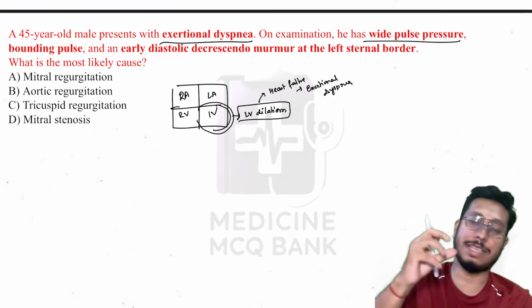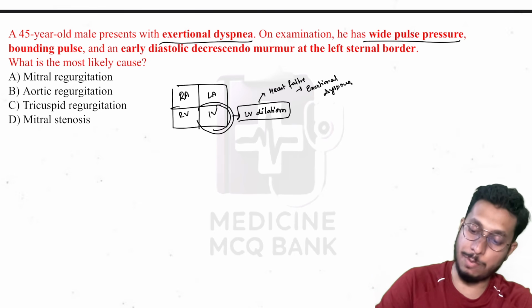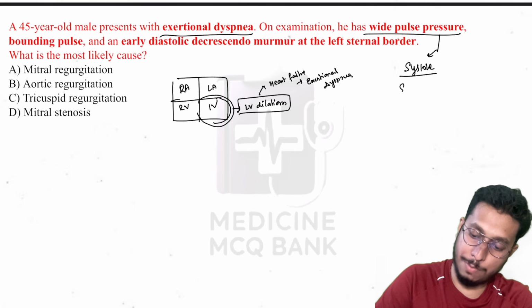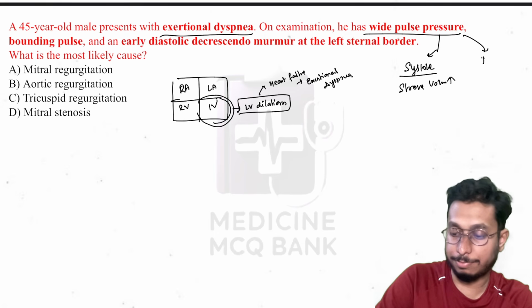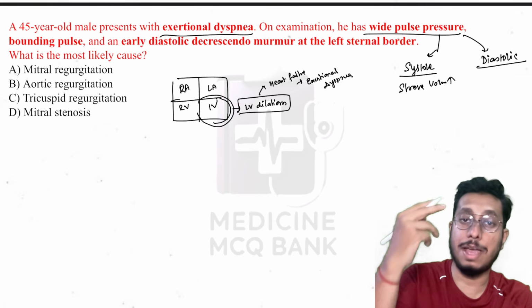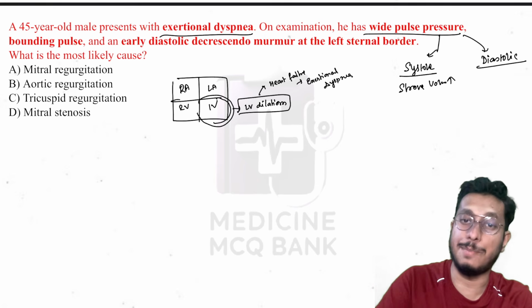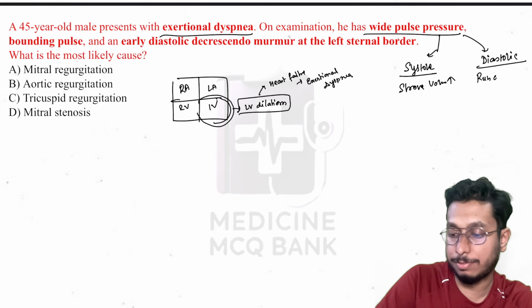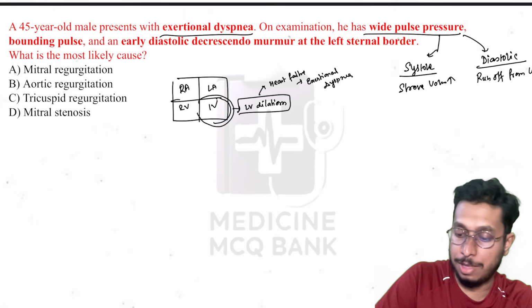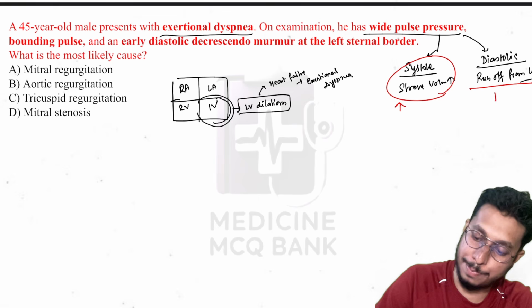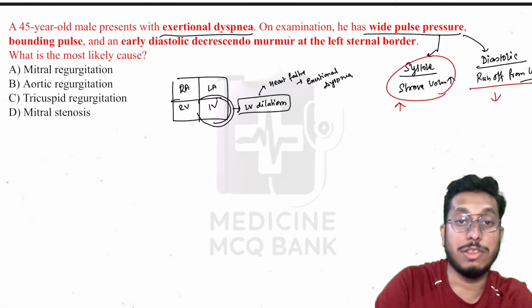So in systole, stroke volume will increase, and in diastole, excess blood goes back into the LV cavity because of incomplete closure of the aortic semilunar valve, resulting in runoff from the LV. So in such patients systolic BP will be raised and diastolic BP will be decreased, resulting in a wide pulse pressure.